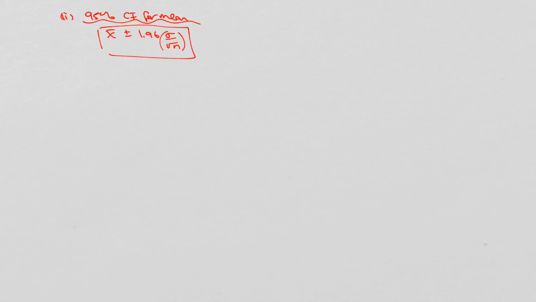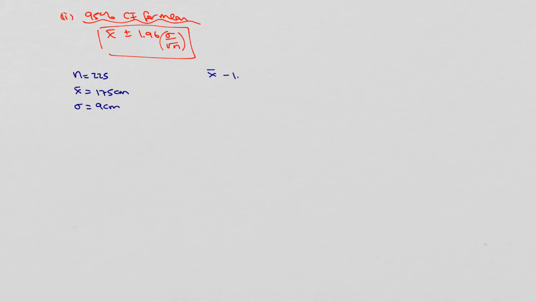Okay, so part 2. Again, we're looking at a 95% confidence interval for the mean, so sample mean plus or minus our margin of error. This time n is 225. Sample mean is 175 centimetres. Standard deviation is still 9 centimetres.